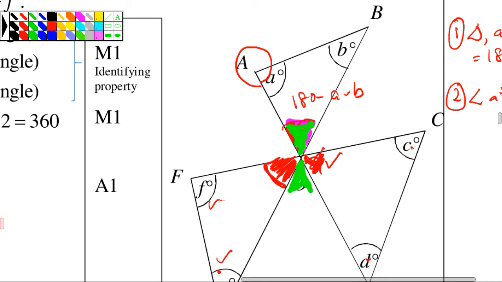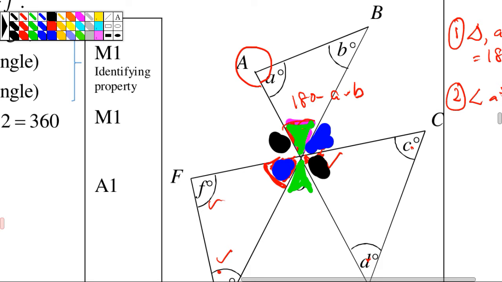Very good. These two angles equal to each other. So they add up to be something. But if I know this, it's very helpful. Green equals green, blue equals blue, this black equals this black.